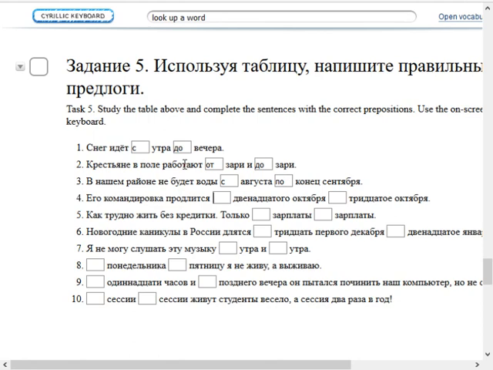Okay. Его командировка продлится с 12 октября по 30 октября.